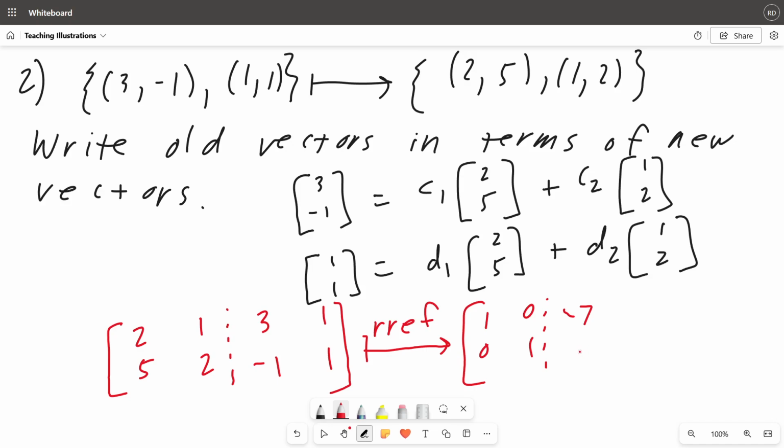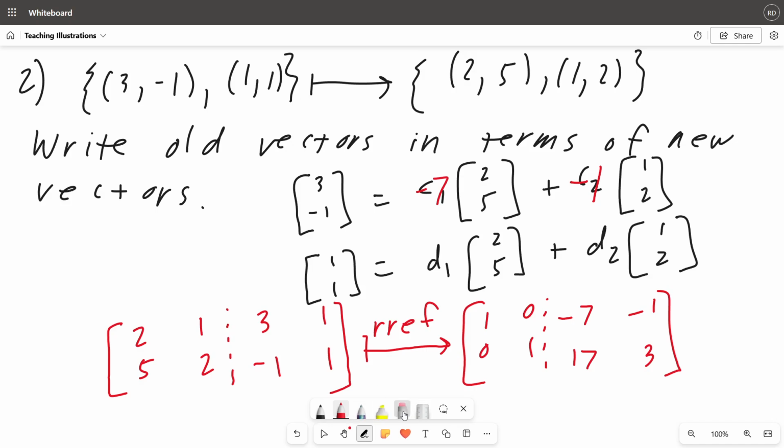-7, 17, -1, 3 is what we get when we row reduce this matrix. And so that means those are our coefficients. If we plug in -7 and -1 here, and go ahead and... Oh, sorry, no, that's not right. It's -7 and 17.